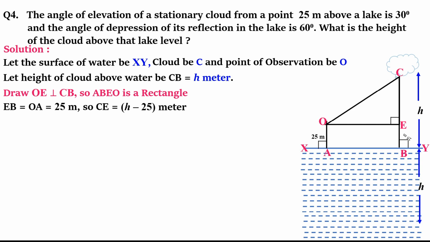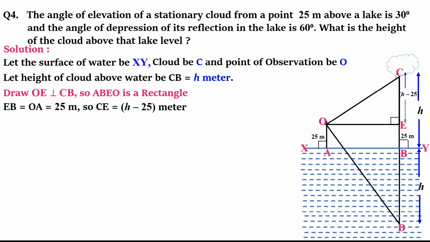So thereby OA and EB become equal to 25 meter, and the whole height BC is h. The height of the cloud is h meters. So if 25 meter is removed, because BE is 25, what is the length of CE? CE will be h minus 25. Let's mark this also in our figure.